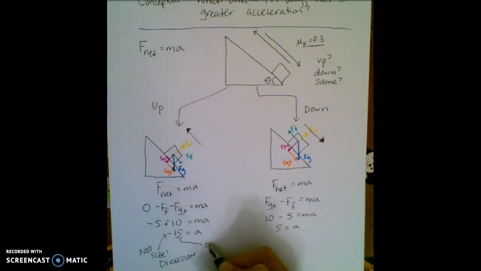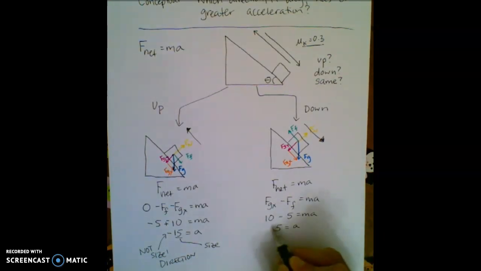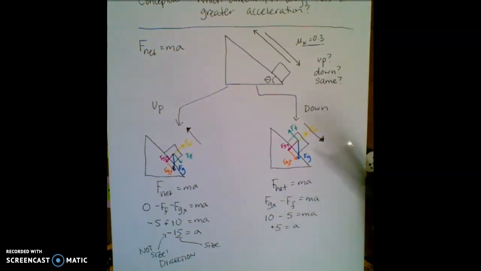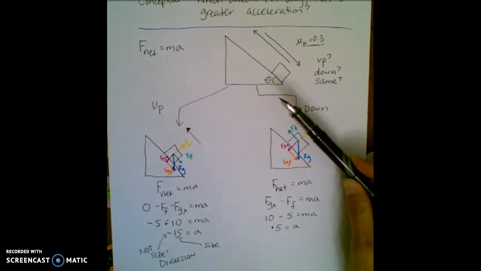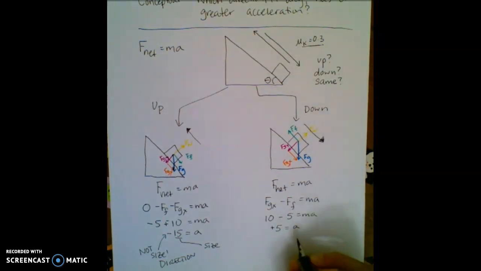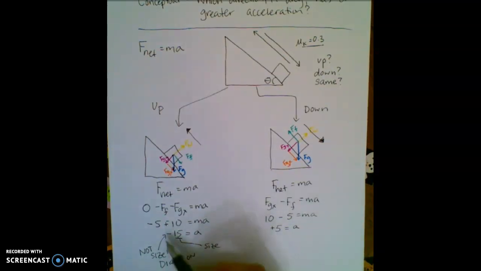This is the size. Now this is a plus 5, which tells me that the acceleration is pointed up the incline and that it has a magnitude of 5. So just because it's a negative number doesn't mean it's small. It means a direction. So I look at the absolute value, and it's going to be 15.